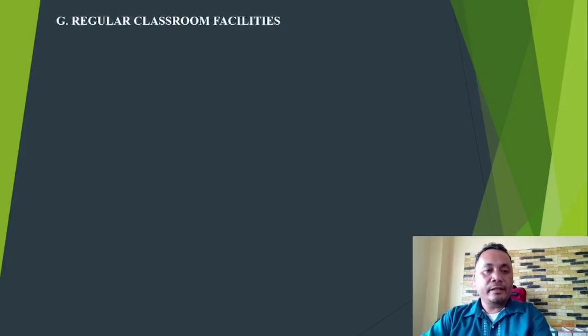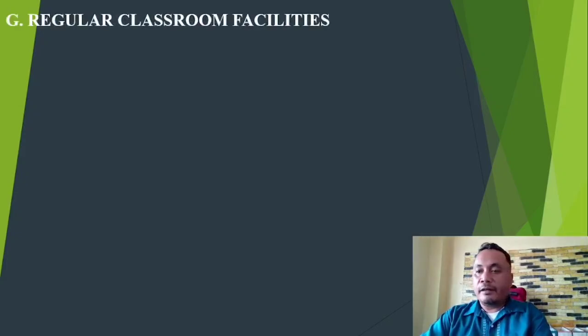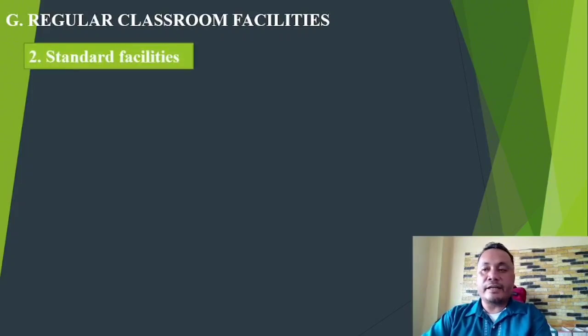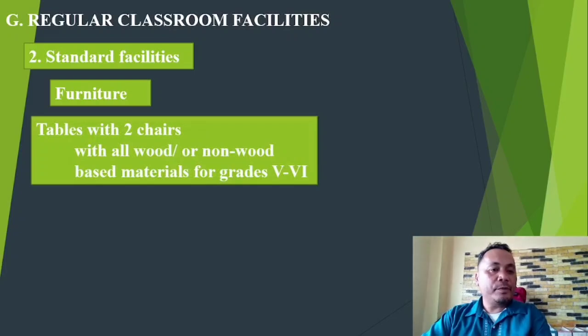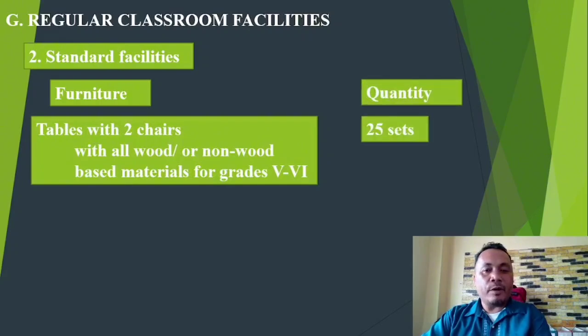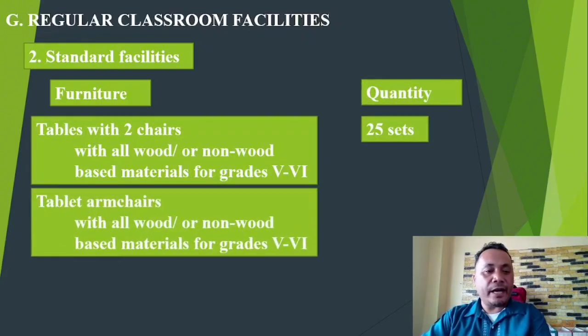Regular classroom facilities, standard facilities, again furniture: tables with two chairs, all wood or non-wood based materials for grades 5 to 6, quantity 25.